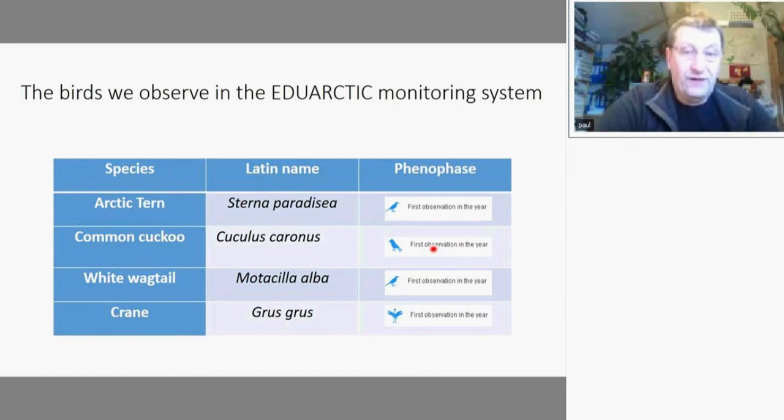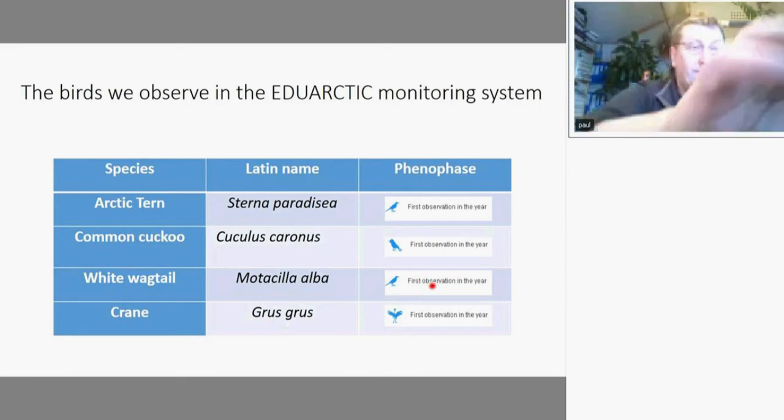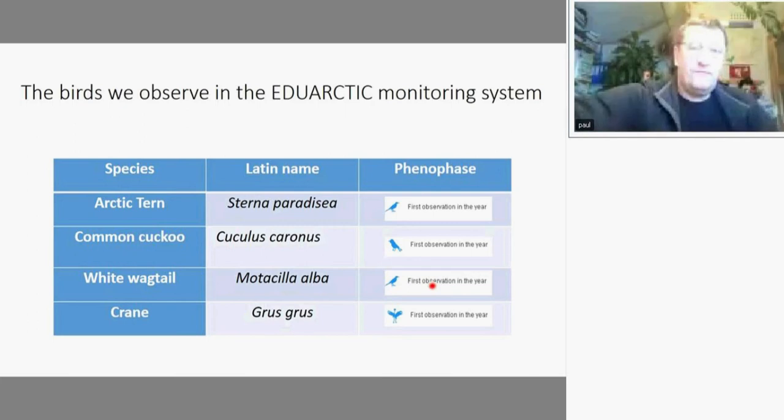It's much easier to recognize by sound than by seeing. It's not actually very often seen, so that is a problem, but you can very nicely hear it. The wagtail is also very easy to hear, as it has quite a specific type of song and sounds, which is quite nice to observe.